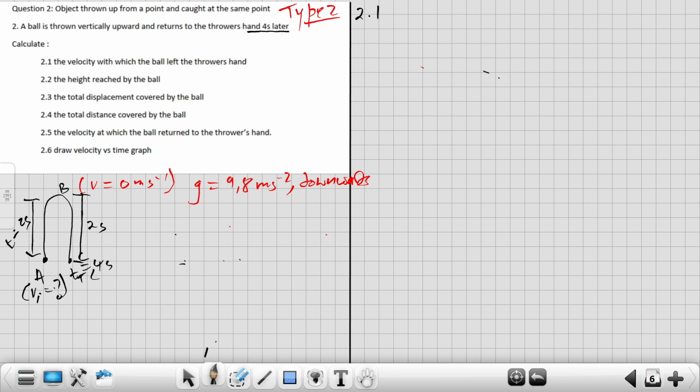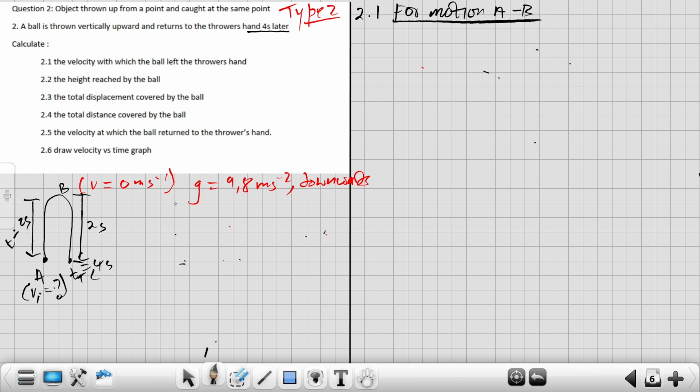Either I calculate for the whole motion, or I can break it into sub-motions. Breaking it into sub-motions, I can say for the motion A to B, I will be looking only at the information given to me for A to B.